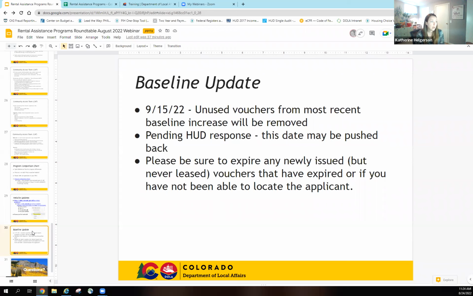And we're spending, and I'm working with HUD right now on some numbers in our budget to see if we can continue to lease up those vouchers that we put in your baseline. We did say that any unused vouchers from the most recent baseline increase will be recaptured on August 31st.